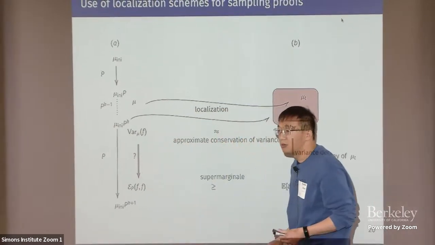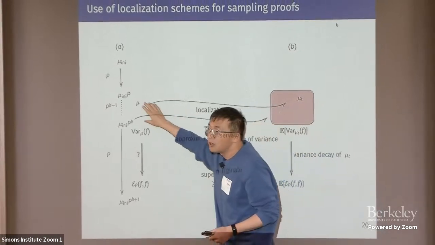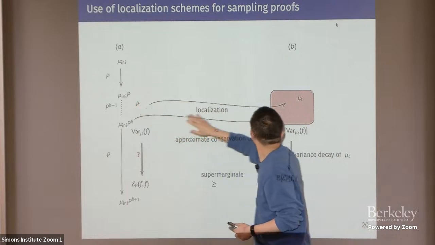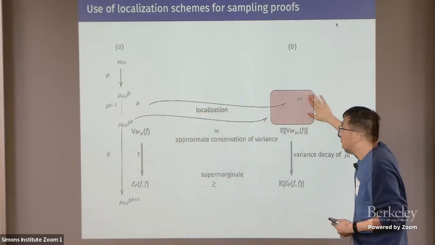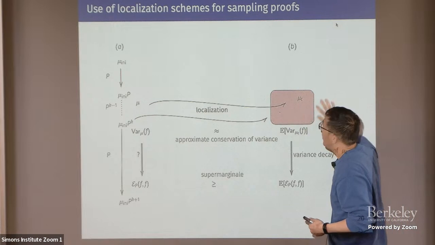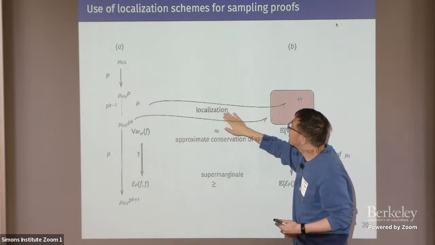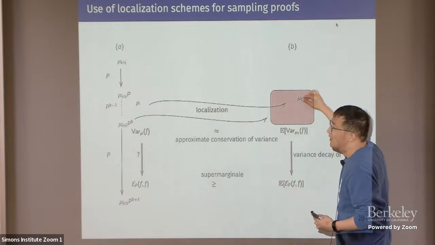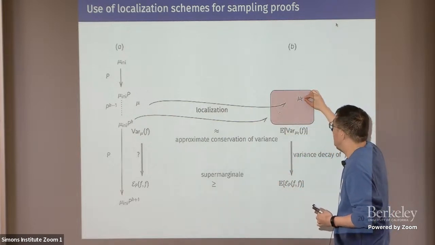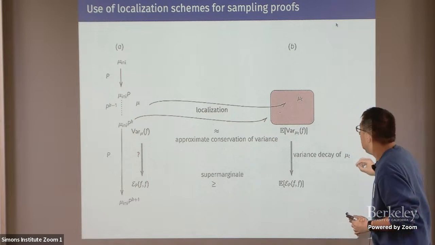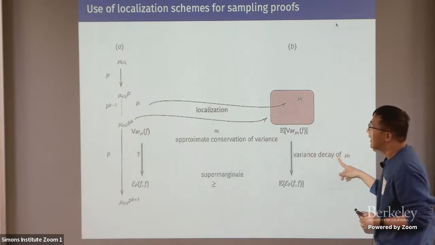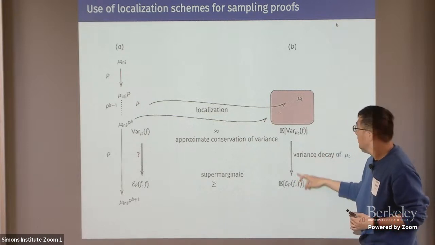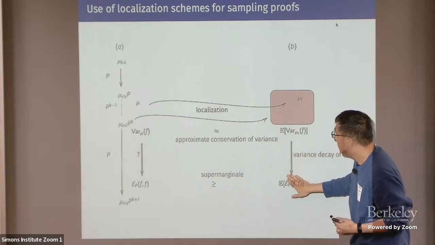So we take a detour, and the localization gives you a way to take a detour. Basically, you transform this measure mu through this localization process. I put the red square here because when you run this localization, for each mu you get a process, many random copies of this mu t. Hopefully, it's easier to show the Poincaré inequality or variance decay for those transformed measures, and you show this first for the transformed measures.